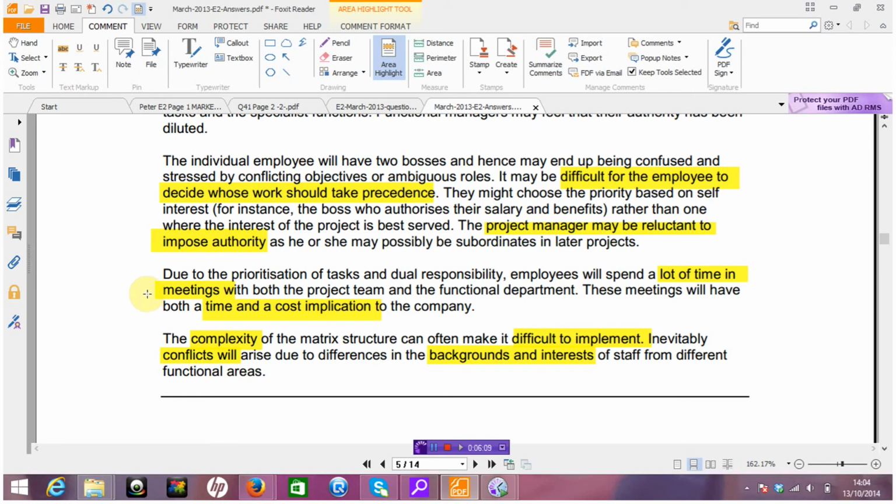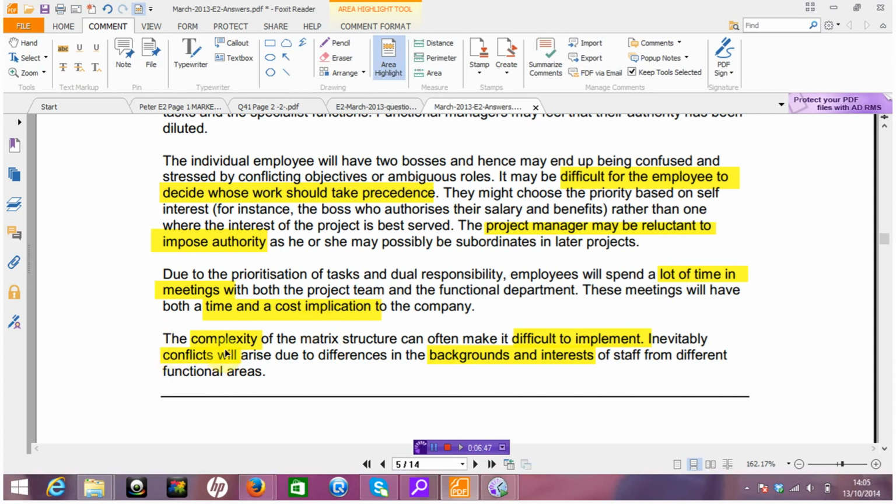But here what we're saying is that this idea of bringing people together within a project and working cross-functionally, there must be a hell of a lot of time spent in meetings between the project team members and indeed the PM and various other stakeholders, including the owner, etc. So really, that does have a time and a cost implication to the company. And if we're not being efficient, then that's time not well spent, and certainly money not well spent. Okay, so there's a core issue, another one for us.